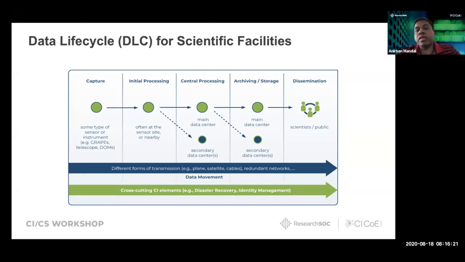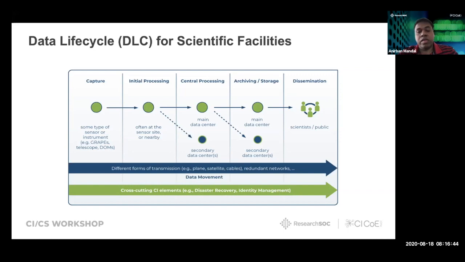For central processing, you could think about IceCube, for example. IceCube's central processing starts happening at UW, where most of the data lands from the South Pole. But then they use a variety of distributed resources from OSG campus clusters.